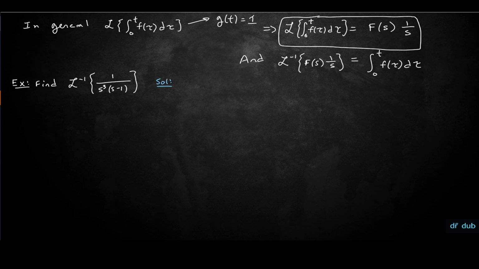So I'll identify F(s) to be 1 over s cubed, and G(s), I'll identify that as 1 over s minus 1.